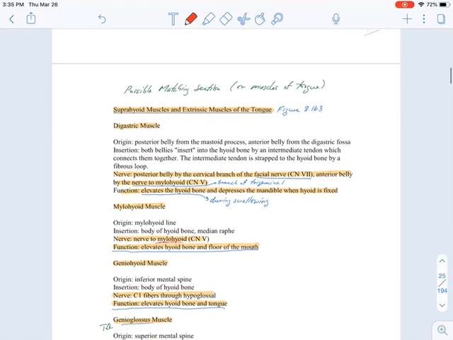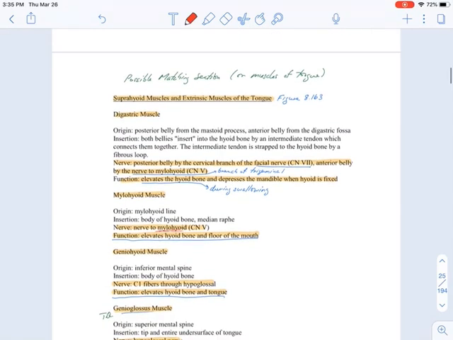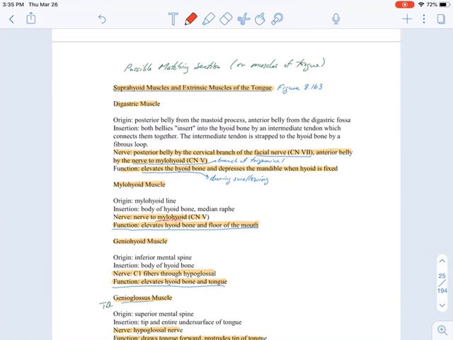Now, we're on to some suprahyoid muscles and muscles of the tongue. Anytime you see a muscle section, it can totally be matching. Can't remember if I mentioned that last time or not, but typically it would be matching over function or innervation.